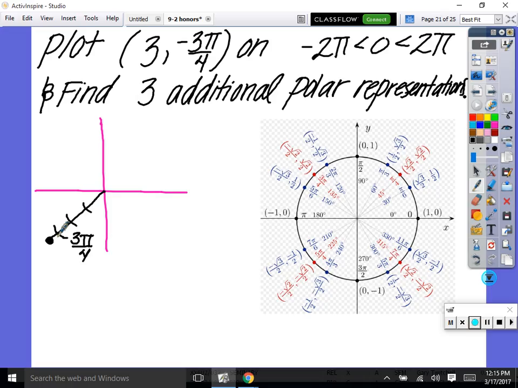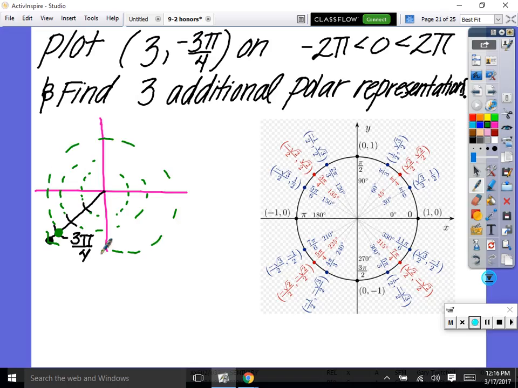Oh, so my point would actually be right here, because of how I drew my picture. This is the arrow continuing. There's my point. Does everybody see? Yep. We went negative 3 pi fourths, and then out 3 units. Does everybody understand? Remember, the circle continues like this, right?